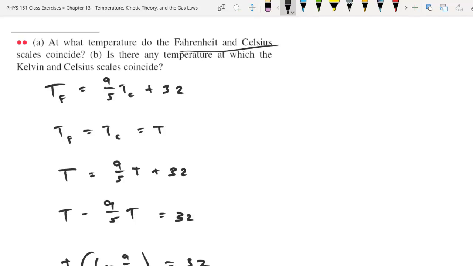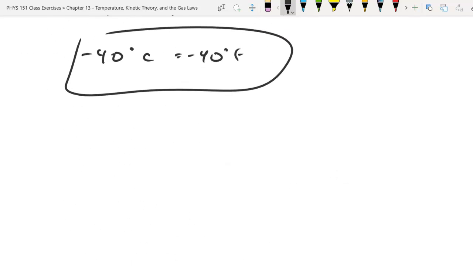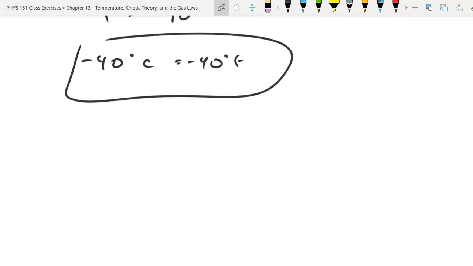And then for part B, is there any temperature at which the Kelvin and Celsius scales coincide? Well, the Kelvin temperature is going to be equal to the Celsius temperature plus 273.15, right? So it's just an offset.